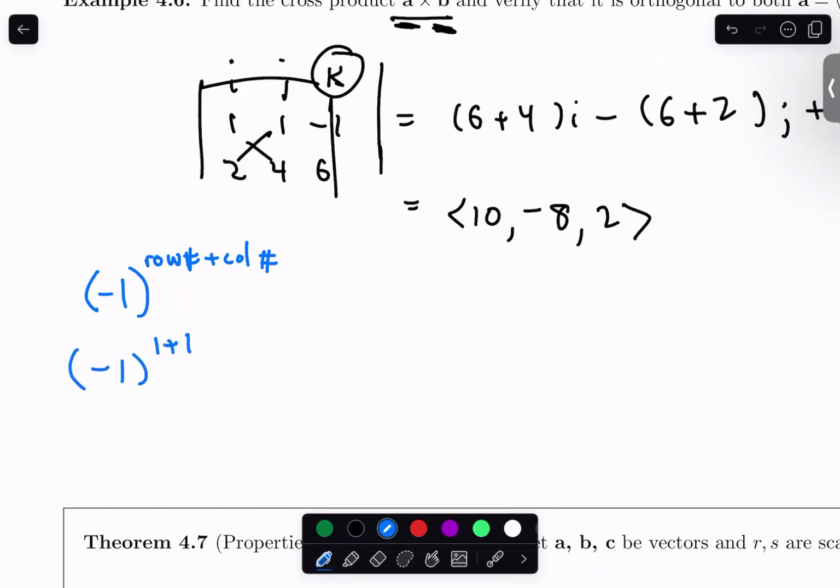So that means it's going to be positive, right? And then when you move over to the second column, that's where you're going to have -1 raised to the third power altogether. And then finally, when you move over to the third column, you get 1 + 3 is going to be 4, so it's going to be positive again. And so this continues. If you have higher level determinants, like of a 4x4 or a 5x5 matrix, this continues.